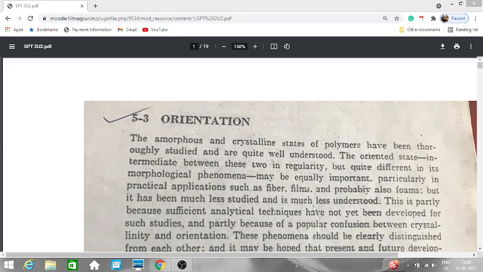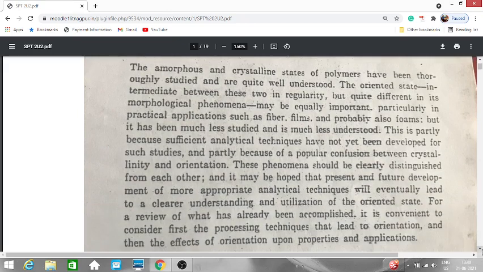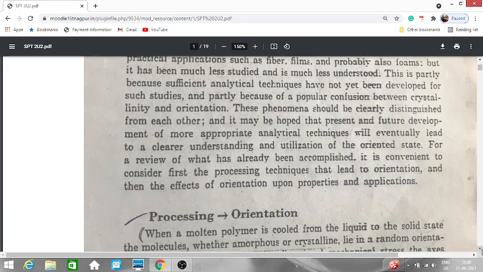And partly because of a popular confusion between crystallinity and orientation. So there is a confusion also between crystallinity and orientation. These phenomena should be clearly distinguished from each other, and it may be hoped that present and future development of more appropriate analytical techniques will eventually lead to clearer understanding and utilization of the oriented state.